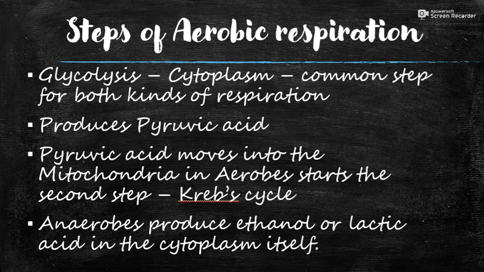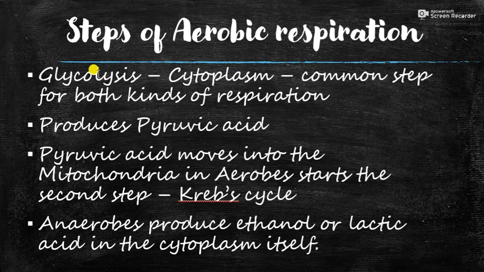The first step of aerobic respiration is glycolysis. One more important thing to know about glycolysis is that this is the common step of respiration which occurs in both aerobes and anaerobes. So what is glycolysis? What does the term mean?